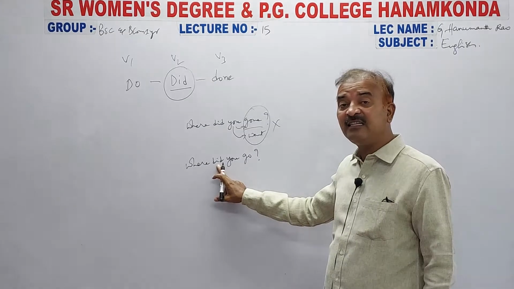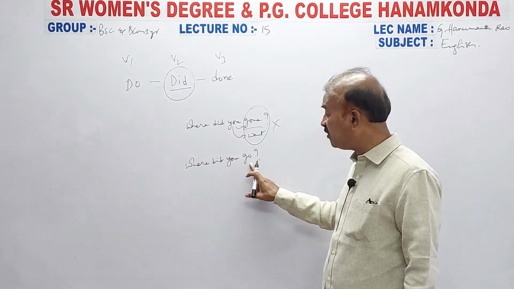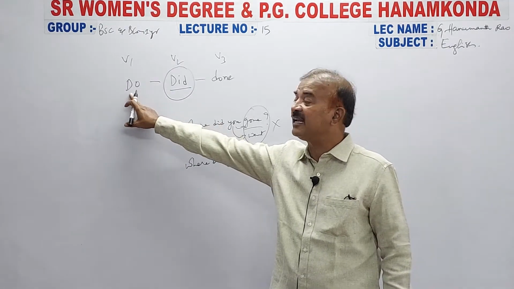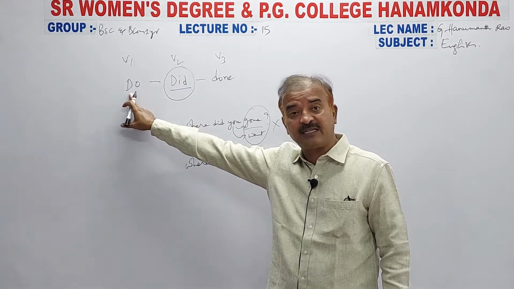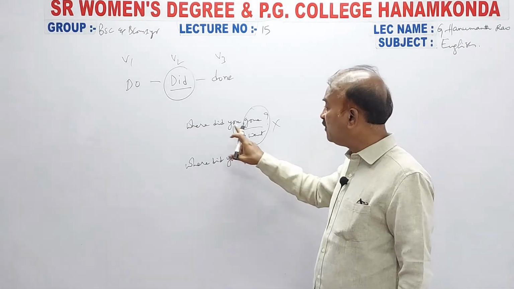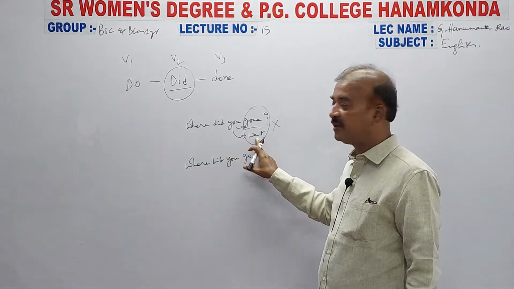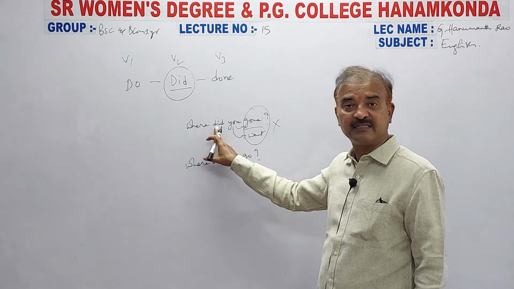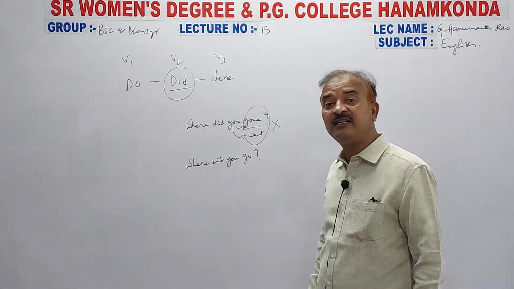Whenever there is did in the sentence and if the did is followed by a verb at any point of this sentence, then that verb should be taken from do, that is from V1, present tense. Because if you use where did you went, did is past tense. It is a known fact that did is the past tense. Plus went is also another past tense.